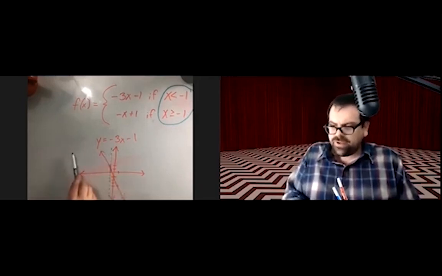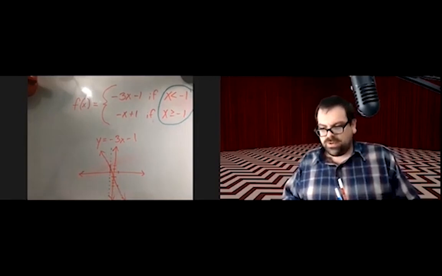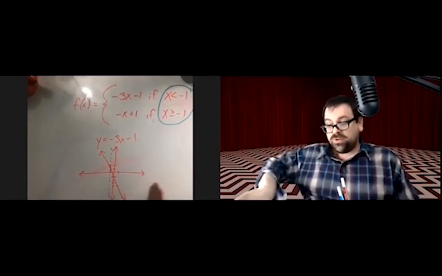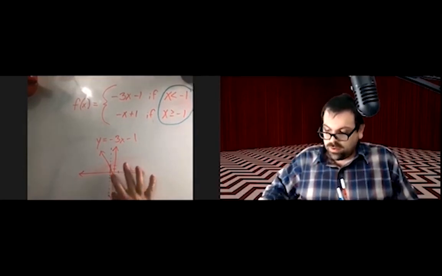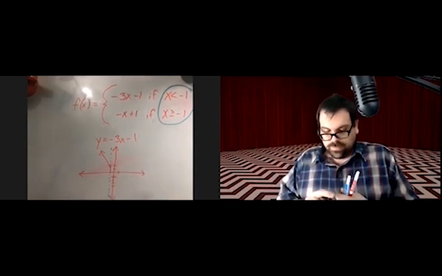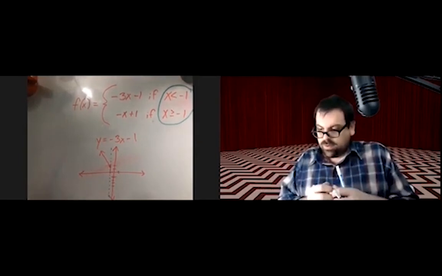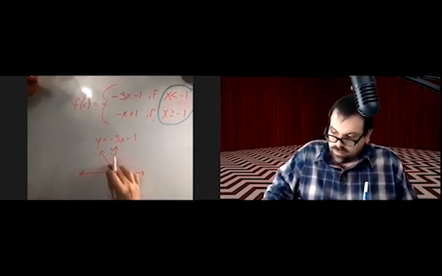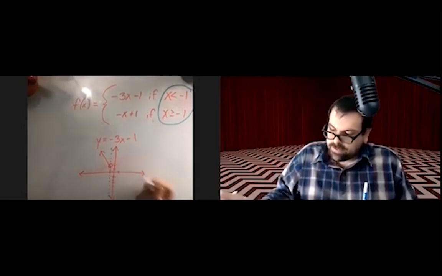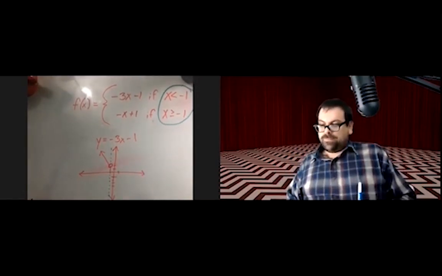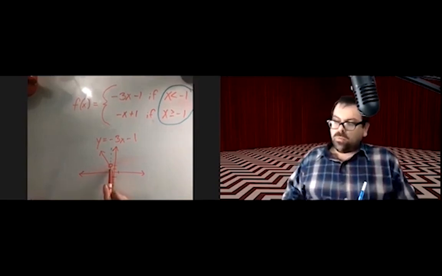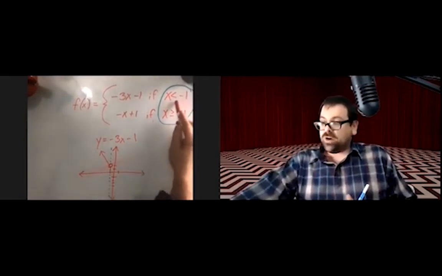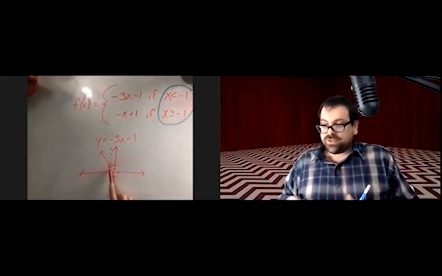Everywhere that x is less than negative 1. Where it's greater than or equal, we don't care about any of that. We only care where it's less than negative 1. And since it's not or equal to, that's an open circle.